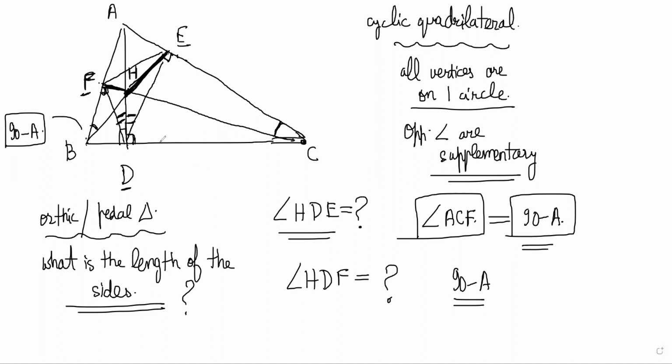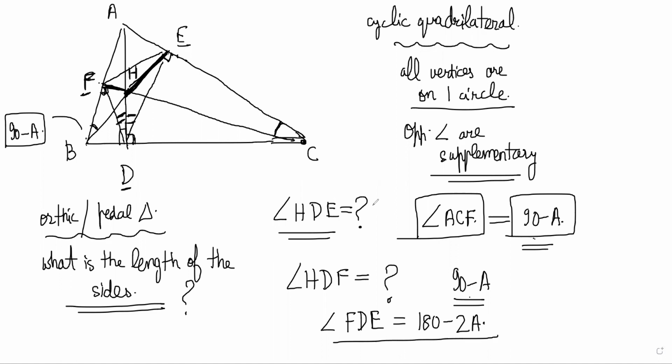So basically what we have found is that angle FDE, which is one angle of the orthic triangle, is equal to 90 minus A plus 90 minus A. So it is 180 minus 2A, right? Sir, it means that H is also the incenter of the orthic triangle. Correct.